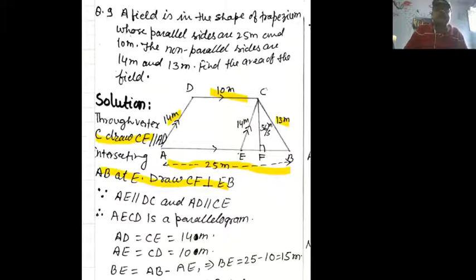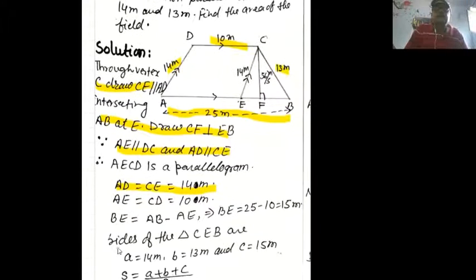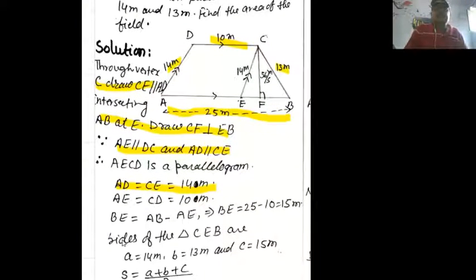CE parallel AD, therefore AE equal to 14 meter, CE equal to 14 meter, CB equal to 13 meter, and EB equal to 25 minus 10, 15 meter. Here a equal to 14 meter, b equal to 13 meter, and c equal to 15 meter.